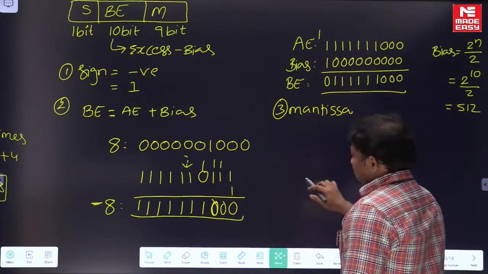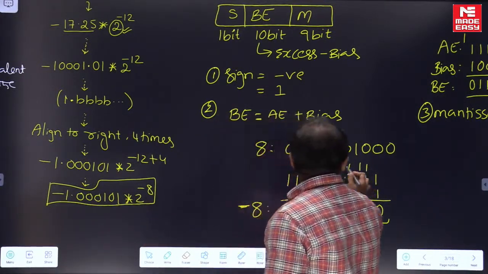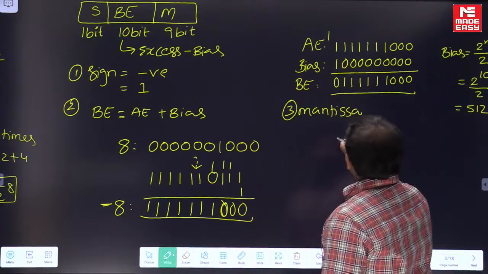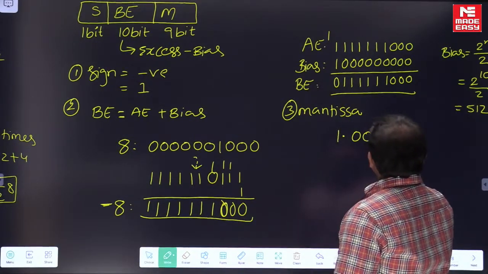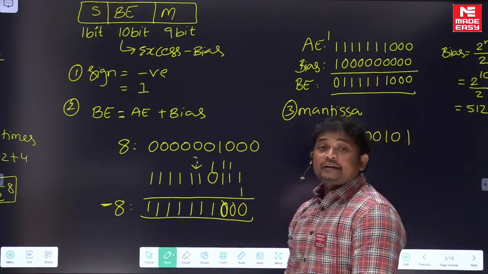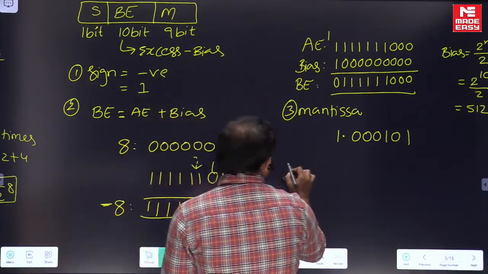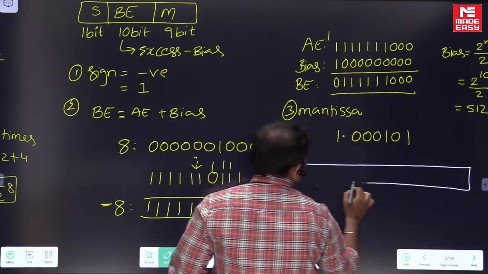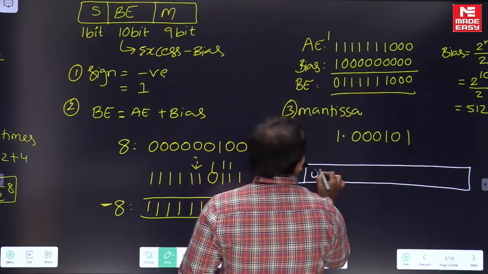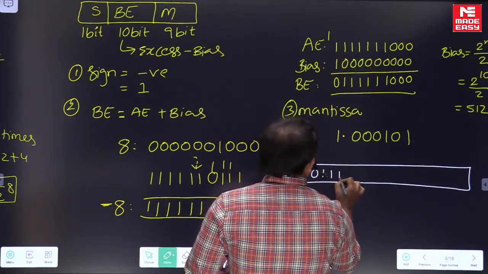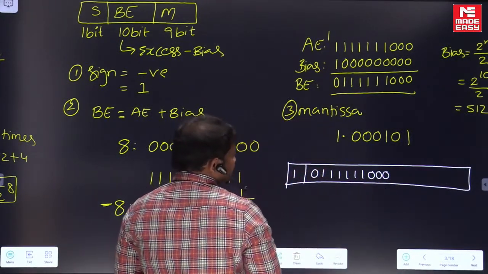Mantissa of the data is 1.0001. Correct? Now store this into the format. Format given is sign negative, BE 0111111000, 10 bits.